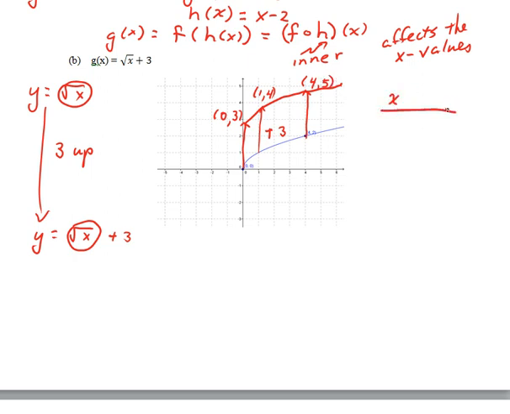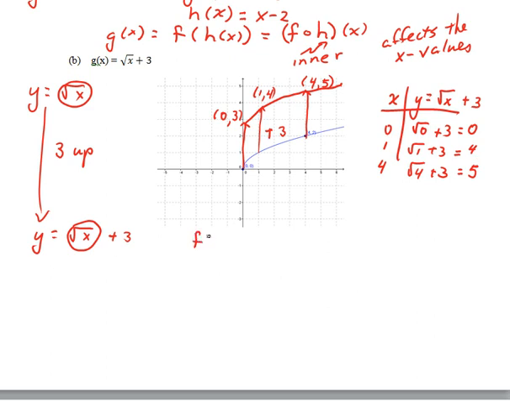Checking with the table of values for y equals the square root of x plus 3, and using 0, 1, and 4, we get the square root of 0 plus 3, the square root of 1 plus 3, and the square root of 4 plus 3, respectively. So 0 goes to 3, 1 goes to 4, and 4 goes to 5, as was suggested.